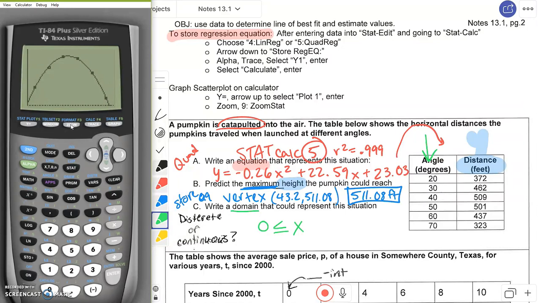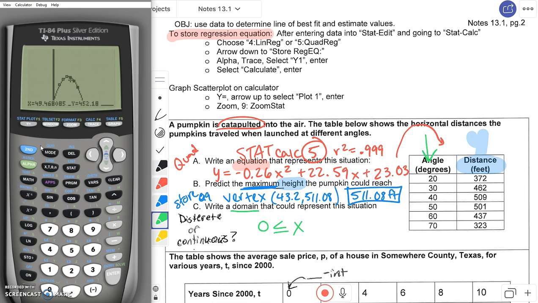So to do that, I want to zoom out just a little bit, because I've got to be able to see it to find it.